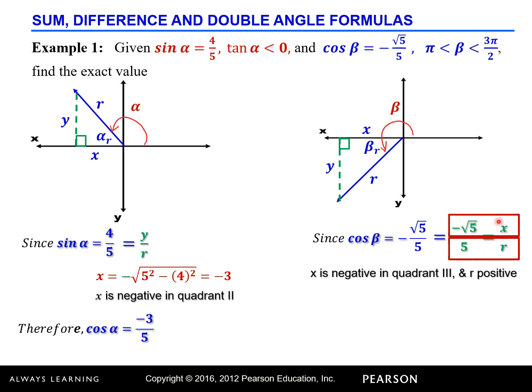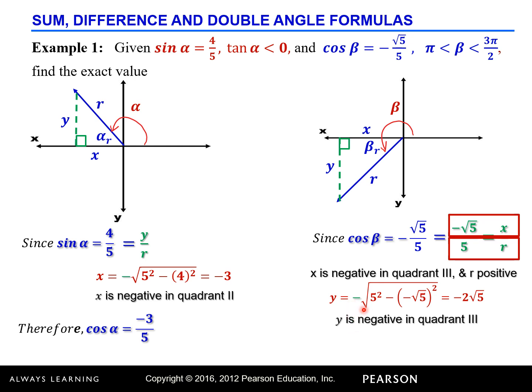This is consistently correct because we know that in the third quadrant, x is negative and r is always positive. So the missing value here is y, and the sign of y in quadrant 3 is also negative, so we have to attach the negative in the formula.